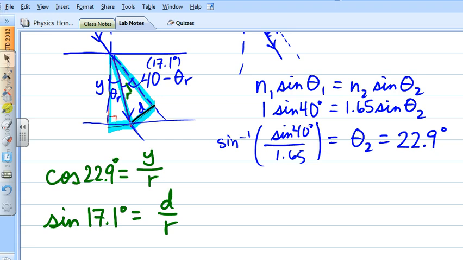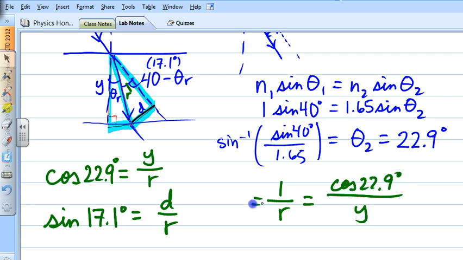The point here is that I have a common factor of 1 over r for each one. So this means that the cosine of 22.9 degrees over y is equal to the sine of 17.1 degrees over d. And keep in mind that d is what we're trying to find.